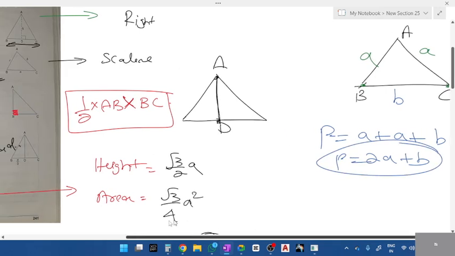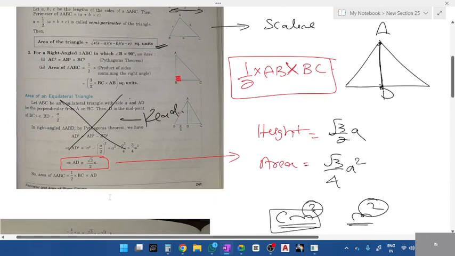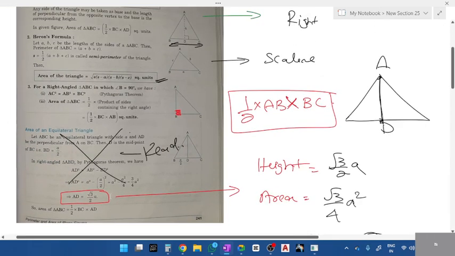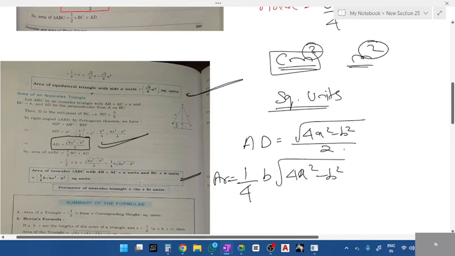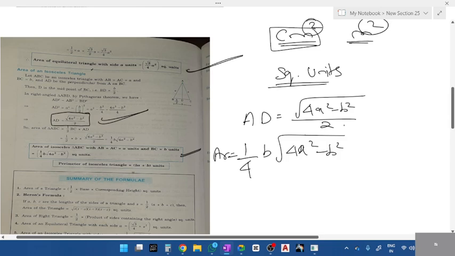Can you see here, 2A plus B units? For isosceles, you don't have to memorize, students. You just draw a diagram and you'll have an idea what to write. 2A plus B is the answer.